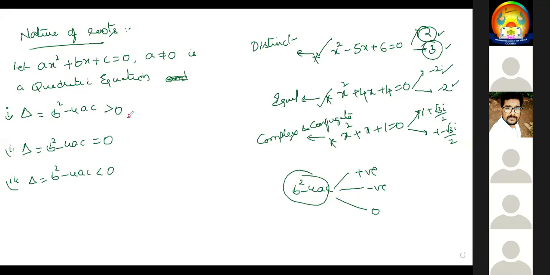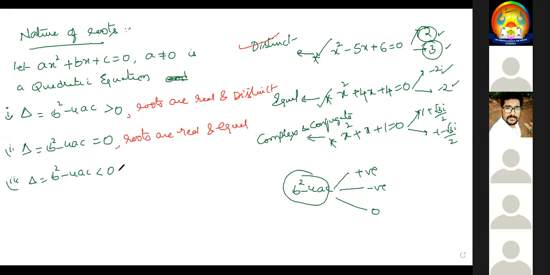If it is greater than 0, then roots are real and distinct. If it is equal to 0, roots are real and equal.